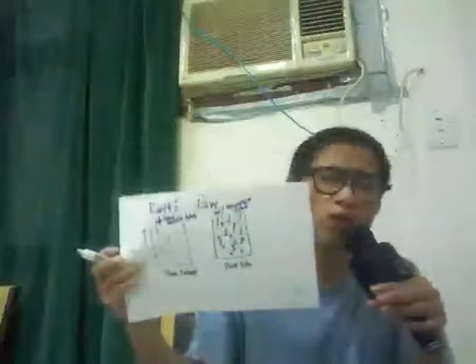Meaning, technically in science, if we introduce a non-volatile solute into a solution, it will decrease the vapor pressure of the solution. That's very clear. We decrease the vapor pressure upon adding the non-volatile solute, but without it, the vapor pressure of the solution is still high.